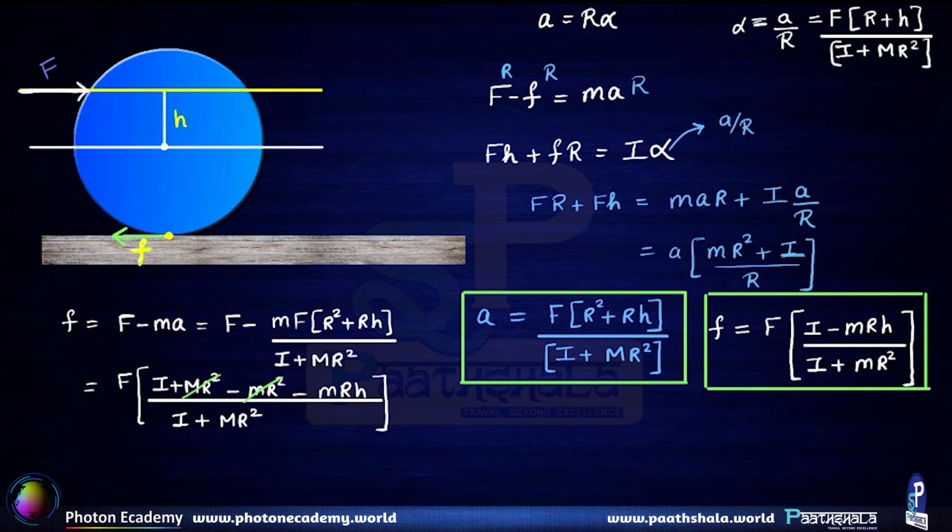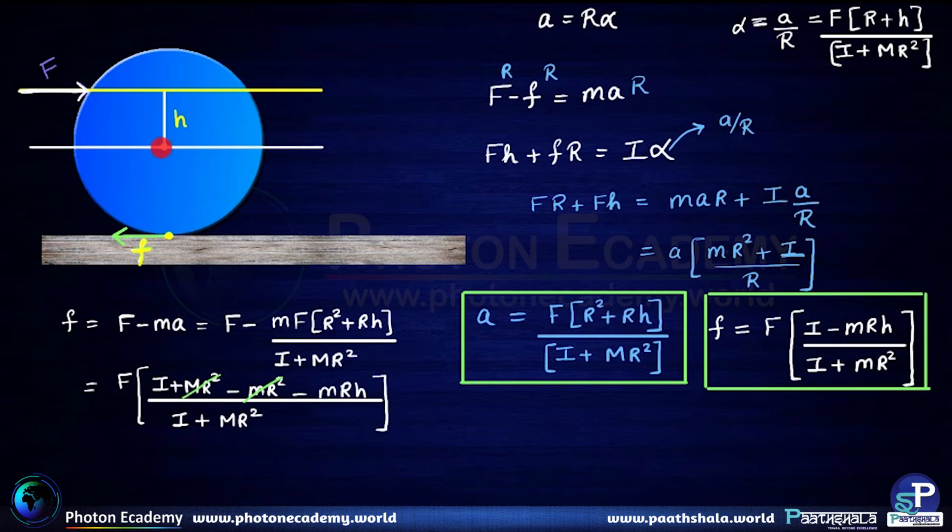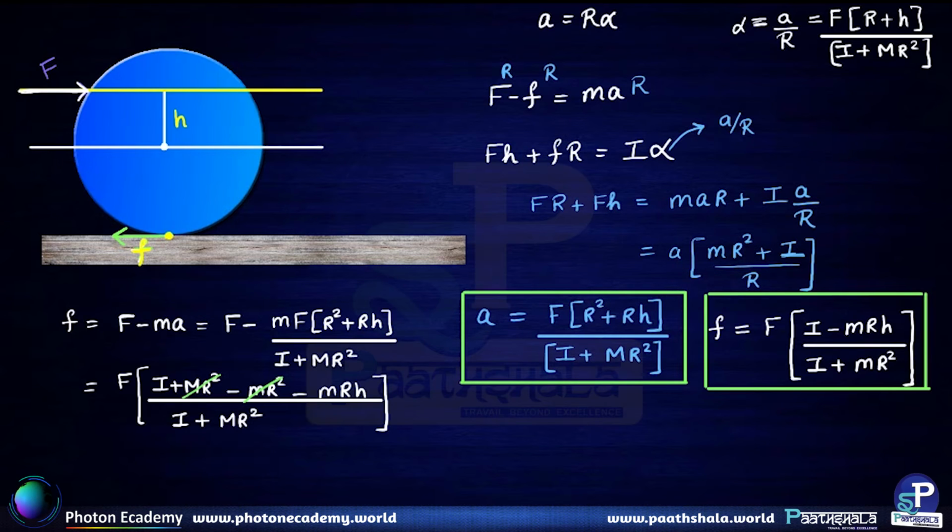Now if the height is 0, let us say in many cases the force is applied from the center, then the friction force is simply F I upon (I plus mr square). So in that case also friction force will always be in the backward direction.